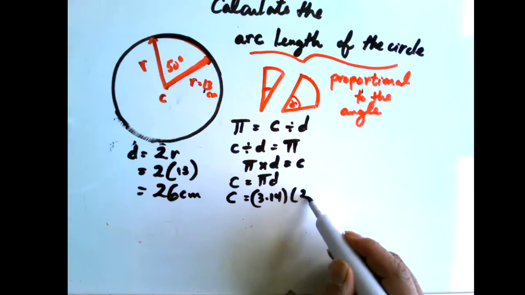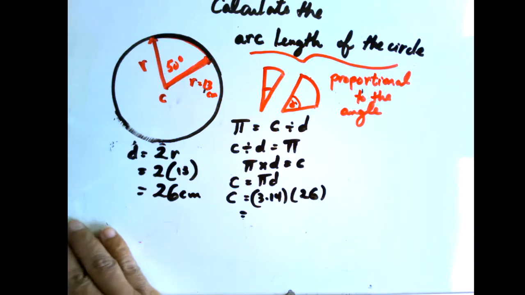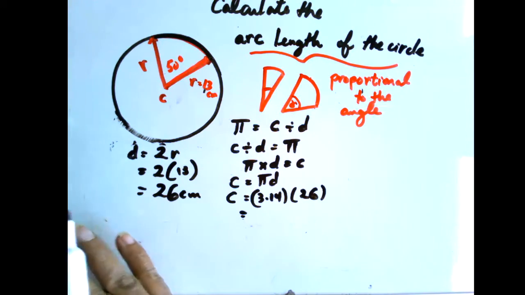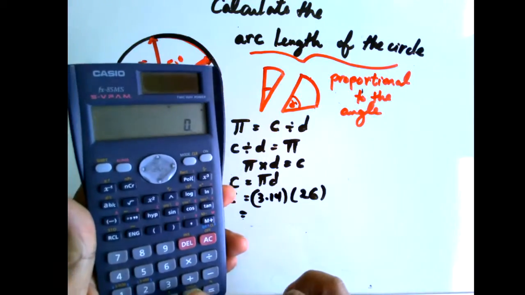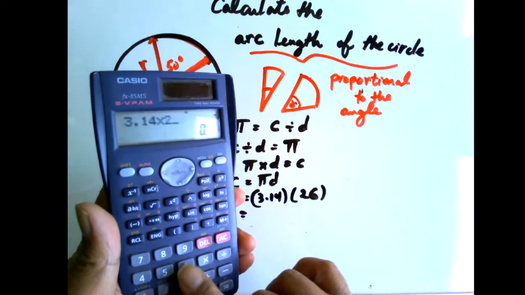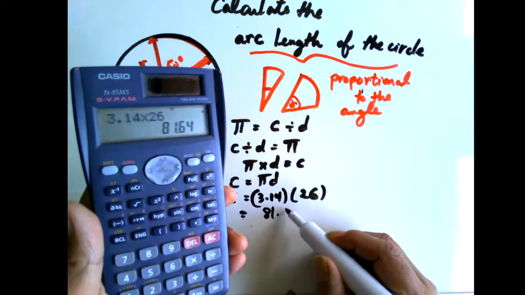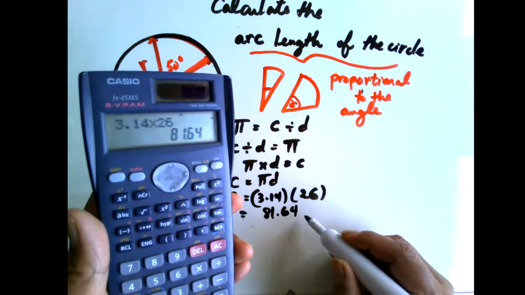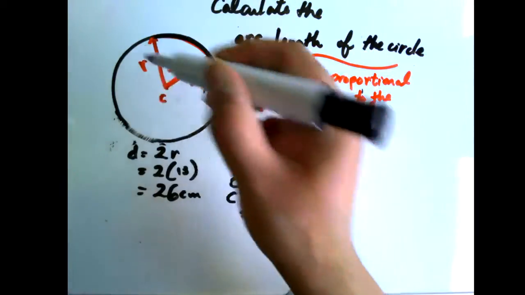And that's what you're going to put in here, 26. On the calculator, 3.14 times 26, your value is 81.64 centimeters. That's the length of this circle.